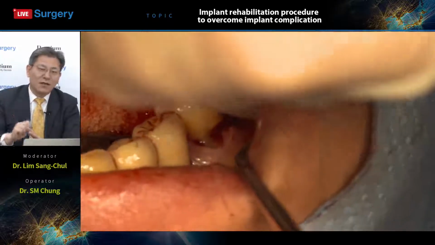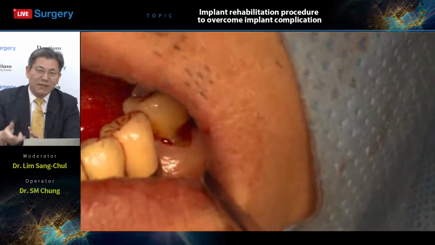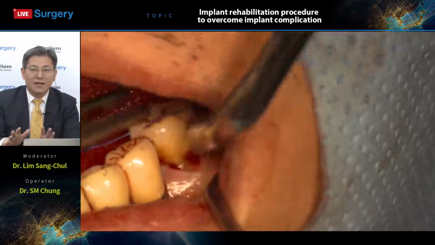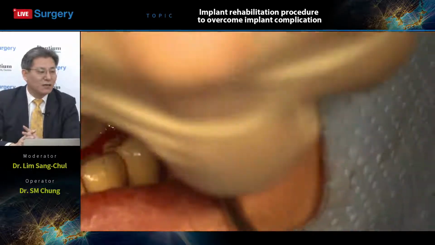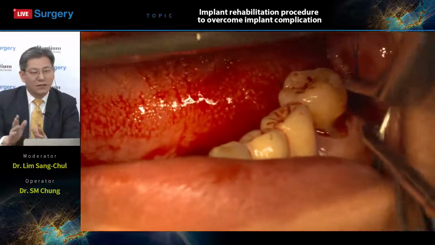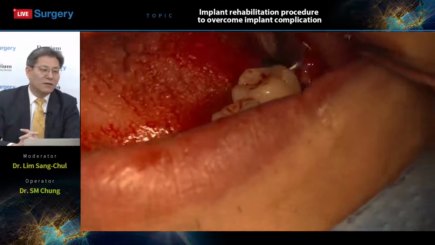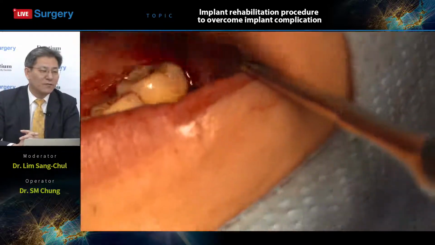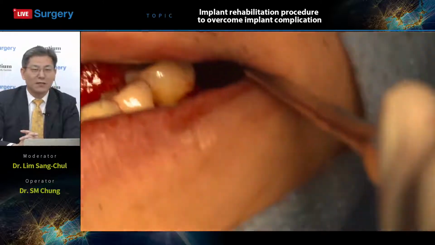Just remove and then leave it, and stay there for 4-5 months, and then try again to install another brand new implant fixture, right?